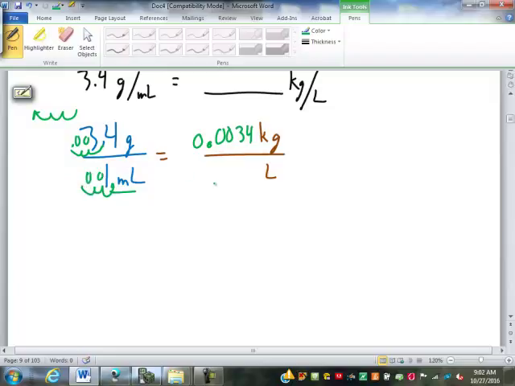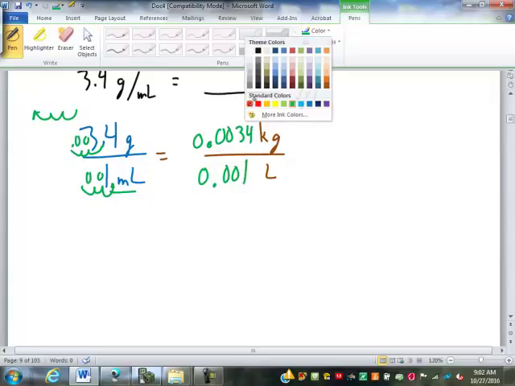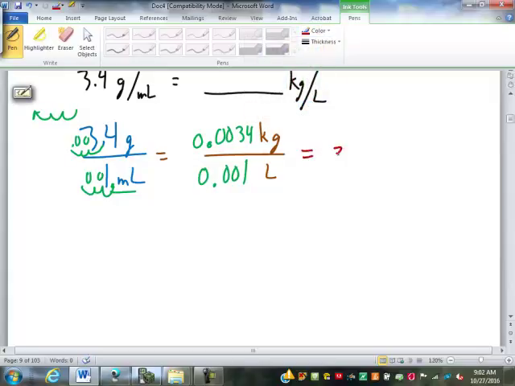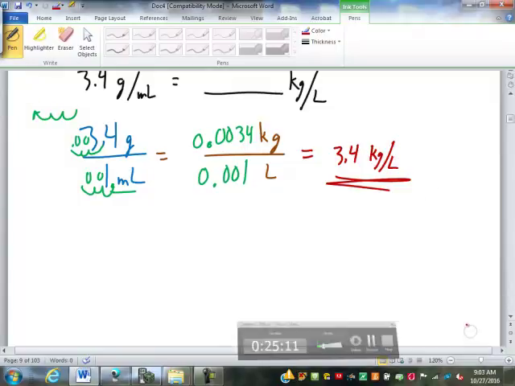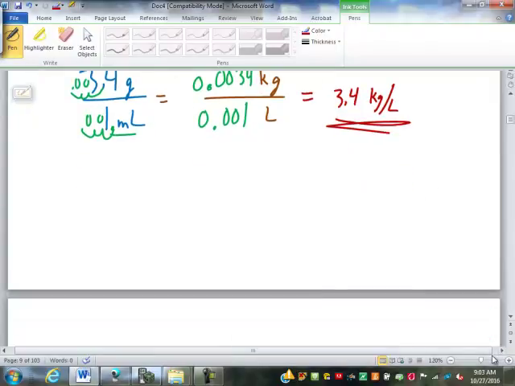That is 0.001 liters. Divide that out, that's 3.4 kilograms per liter. End up with the same number. You wanna know what makes more sense? Write down. Now you'd ask, what if it was like ounces per gallon or something like that?